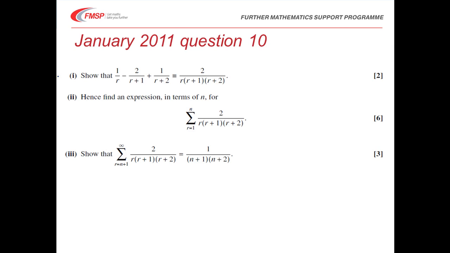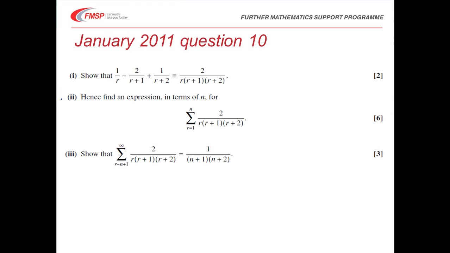In part 1, we're asked to show that 1 over r minus 2 over r plus 1 plus 1 over r plus 2 is equivalent to 2 over r(r+1)(r+2).